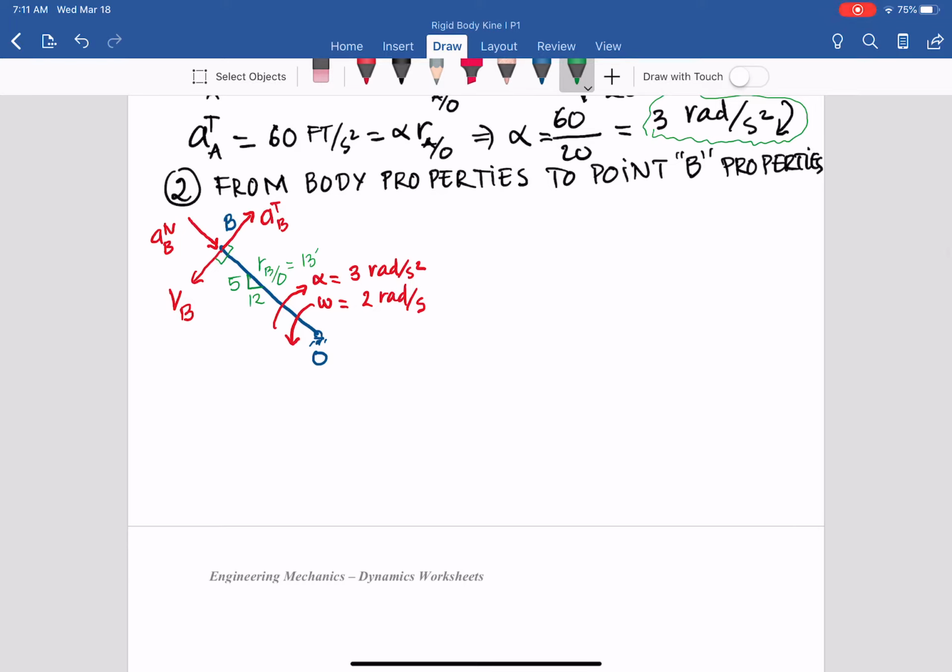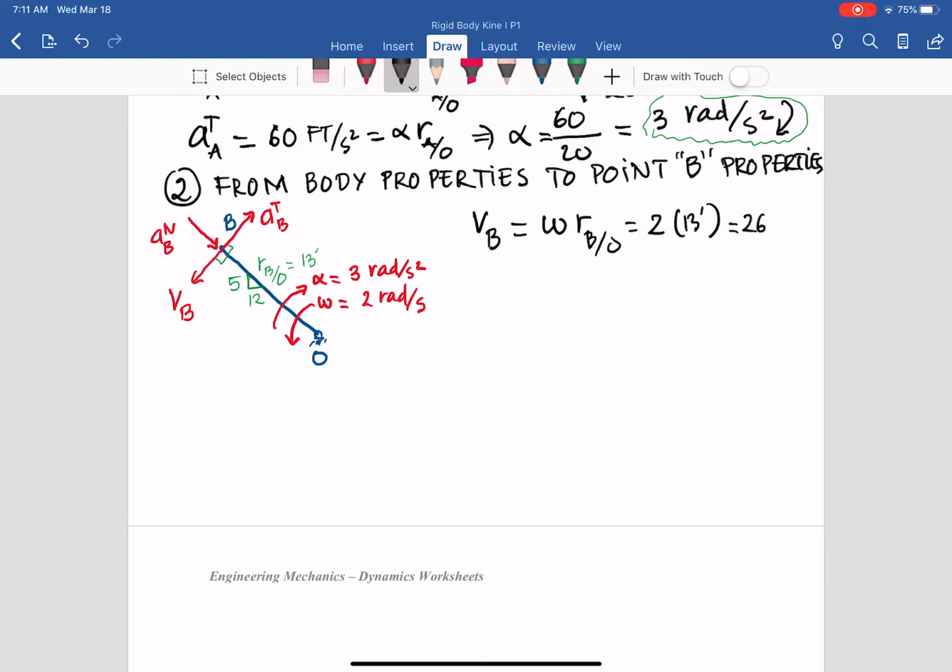Just recall the relationship in terms of the equation. For velocity, V_B equals omega times R_B relative to O, and you see that omega is the body property. Now we find our point property. Omega equals 2 radians per second, and OB is 13 feet.